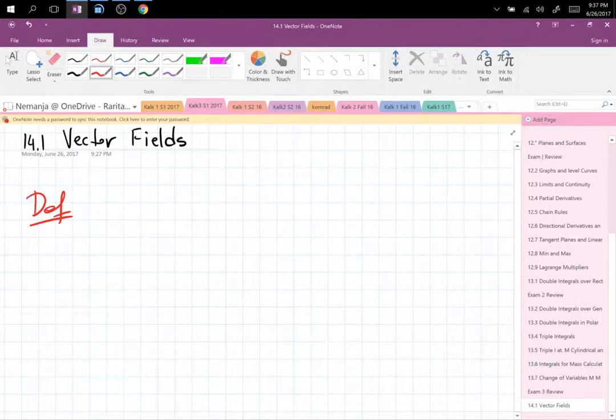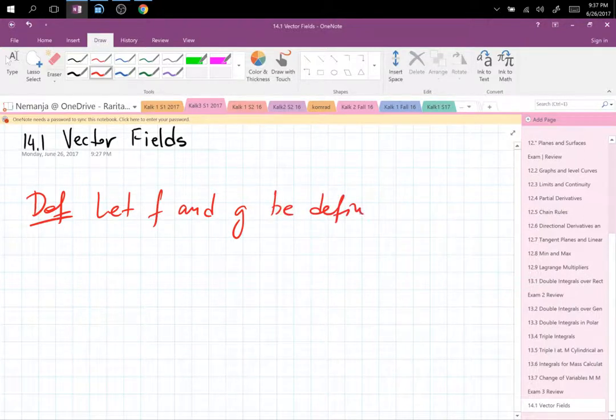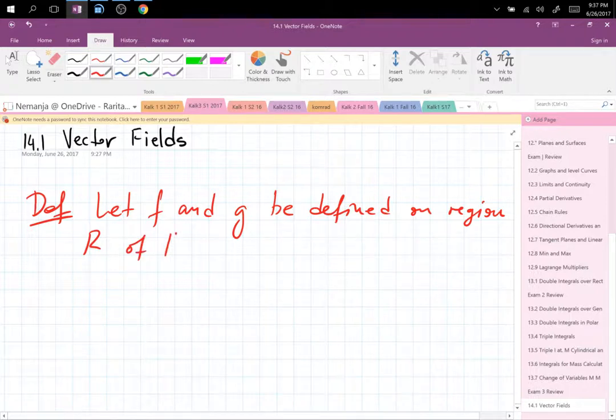So let f and g be defined on region R of R2, right, the 2D.